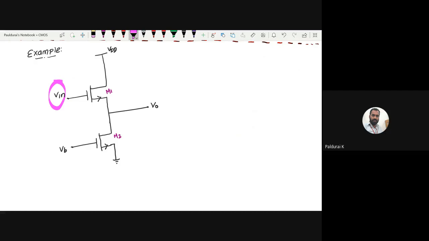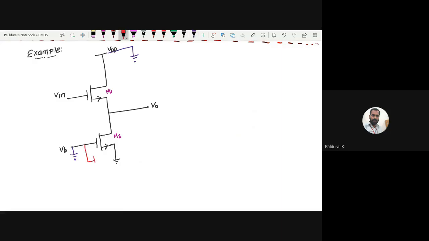Okay. Step 1, what is this? This must be connected to ground this time, and this VDD must be connected to ground. Step 2, drop all the capacitors.